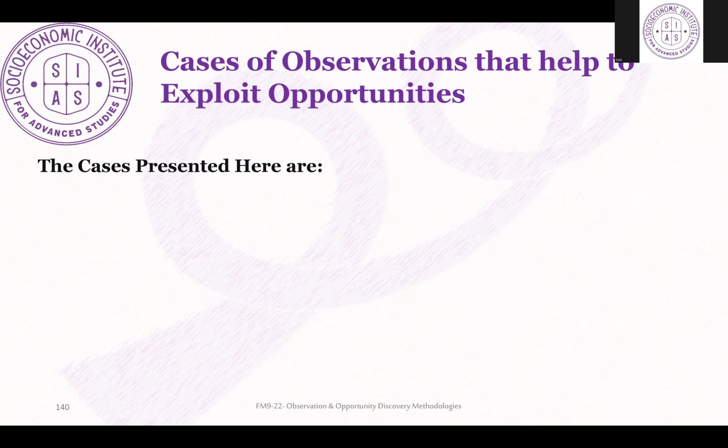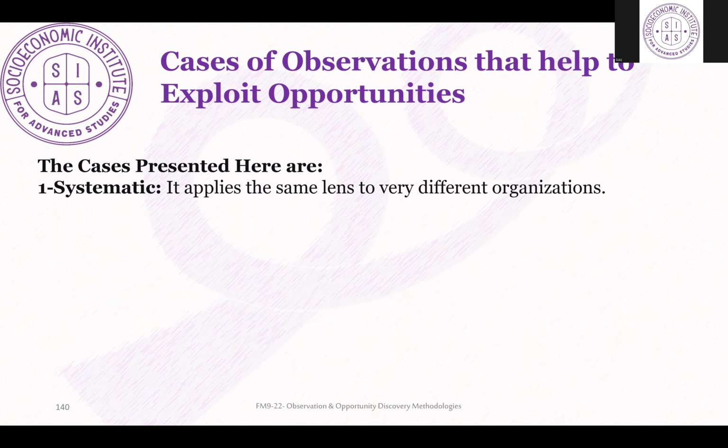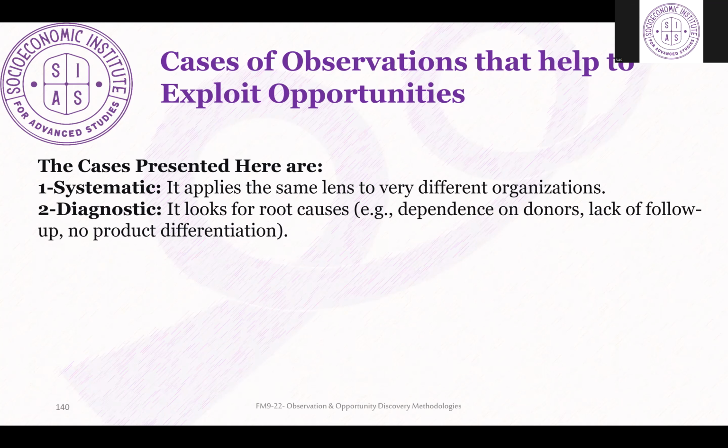The cases presented here usually follow a certain pattern of being systematic. It applies the same lens to different organizations visited. Then there is another step, diagnosis, which looks at the root causes, for example, the lack of follow-up or no product differentiation.